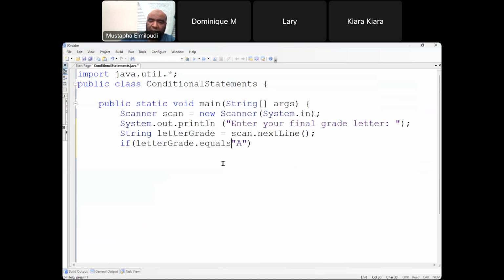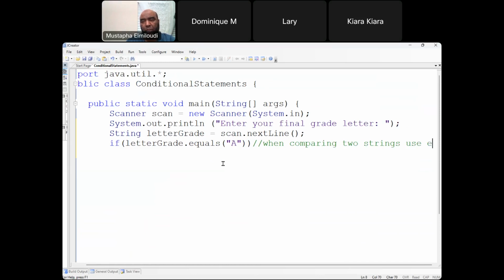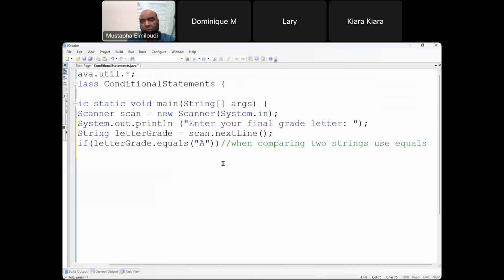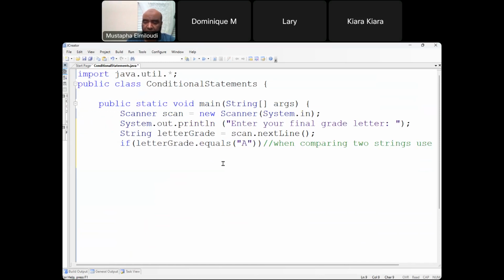Just remember, I'm going to put it as a comment: when comparing 2 strings, use equals. Okay? Remember that. And then again, to be on the safe side, I'm going to use the braces.